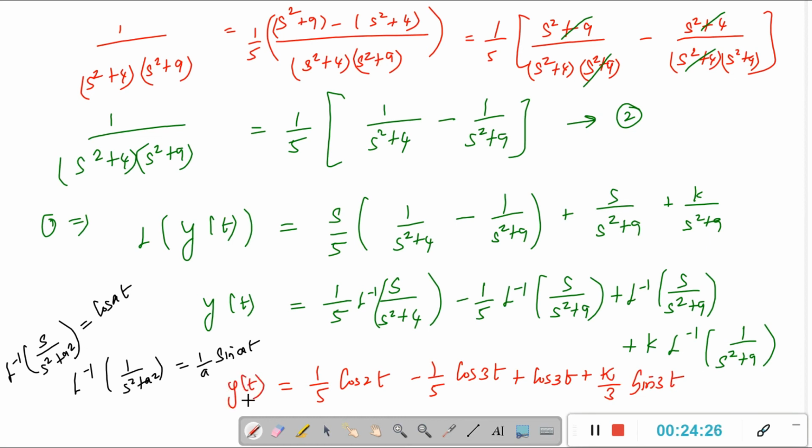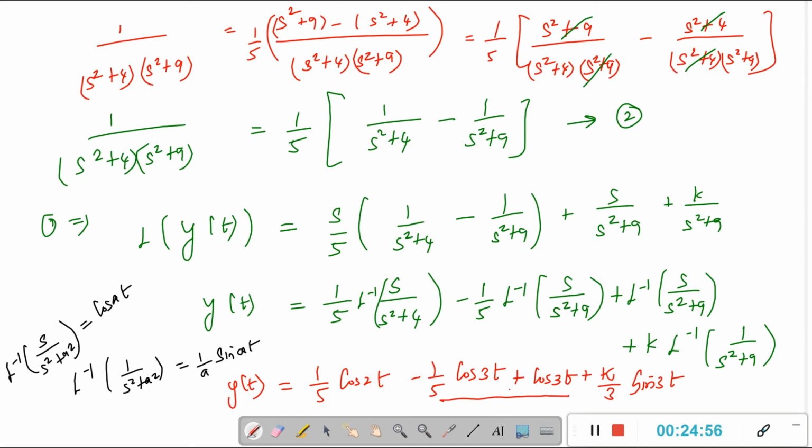So here the problem is not completed, because we are substituting k. But you must find k also with the help of the given conditions. So now I am going to find the k value. Here you can add these two terms, because these are like terms.